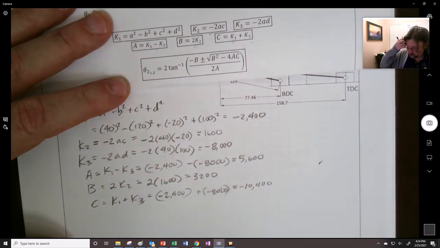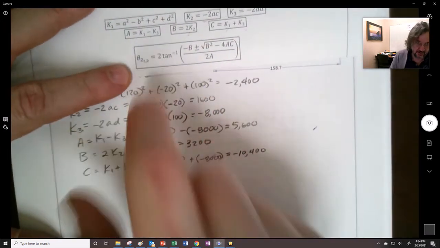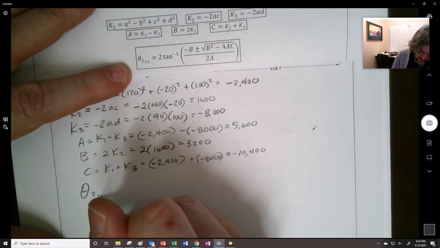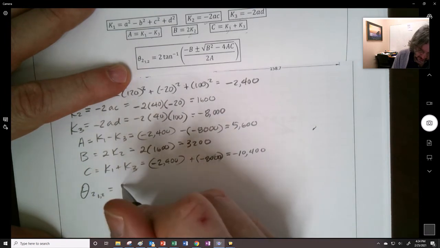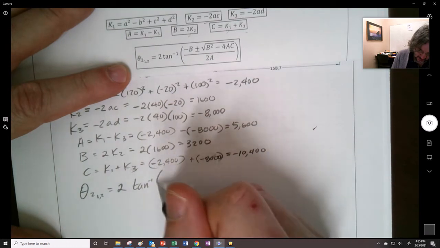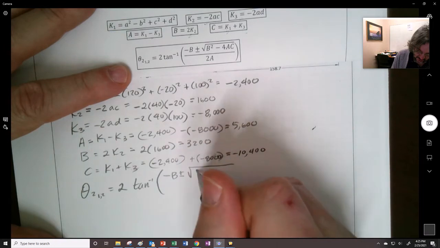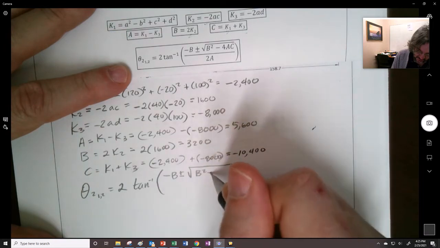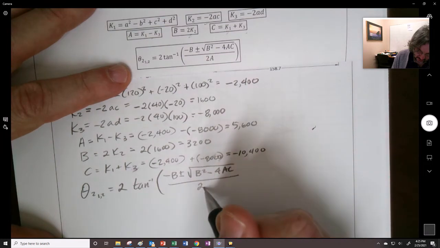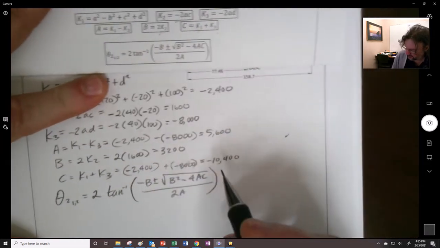All right, now we can find our theta 2, 1 and 2. So we get 2 times the inverse tangent of negative b plus or minus the square root of b squared minus 4ac, over 2a. Right?